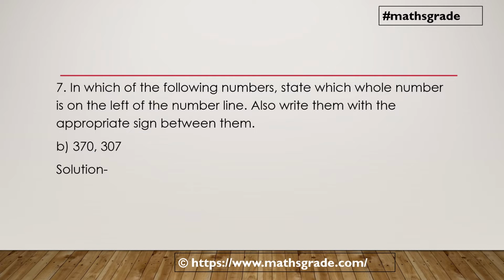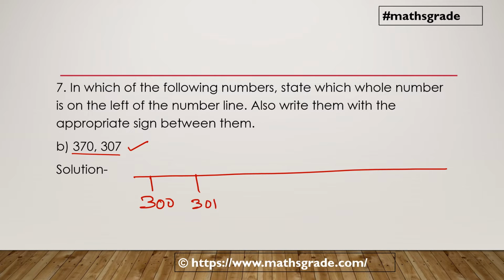Now second bit B, 370 and 307. This is the number line. Suppose this is 300, then 301 like this. This is 307. In 307, 0 is in the tens place, and in 370, 7 is in the tens place. So 0 is less than 7. So we have to first place 307 on the left hand side of this number line.